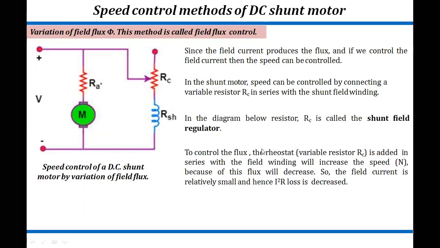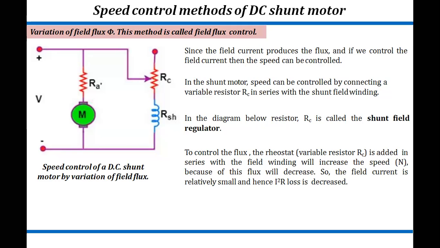So as we are using a rheostat in series with the field winding, we will get an increase in speed because the flux will decrease. The field current is relatively small and loss will also decrease here.